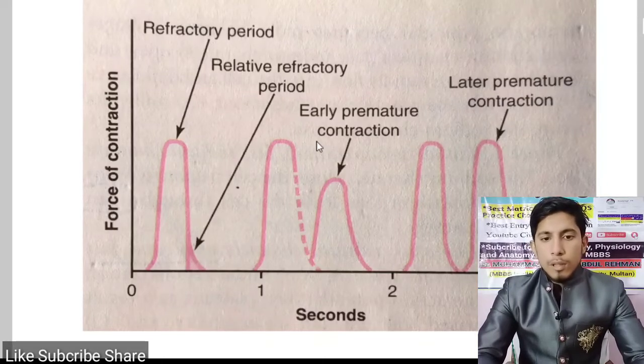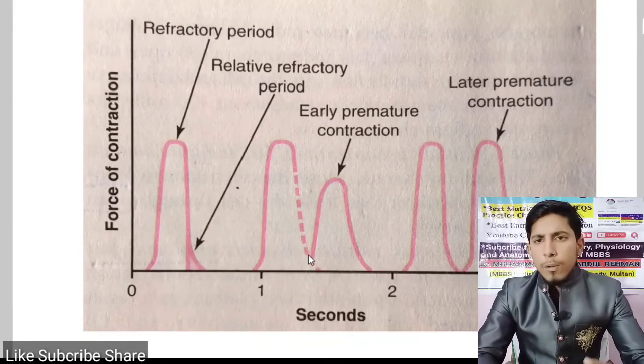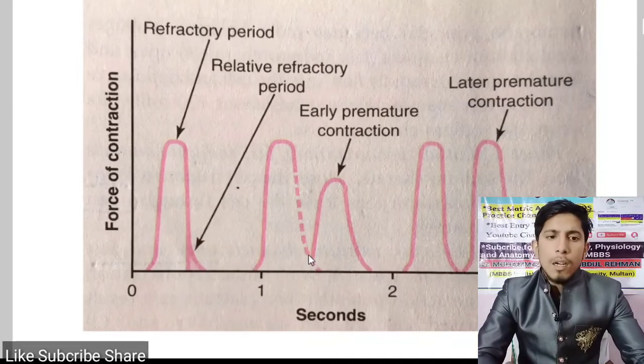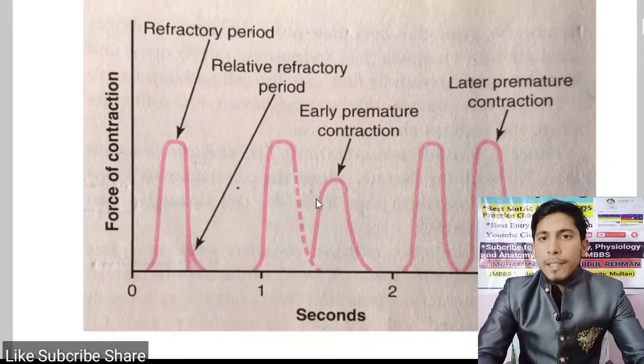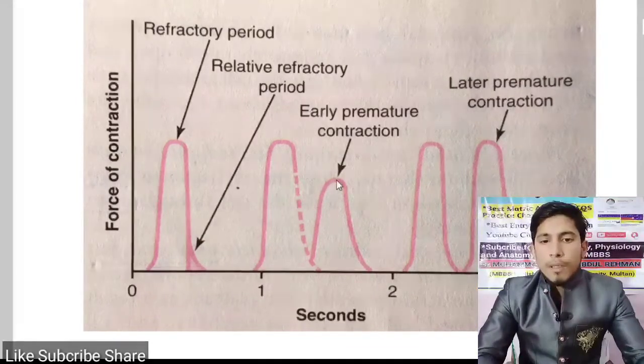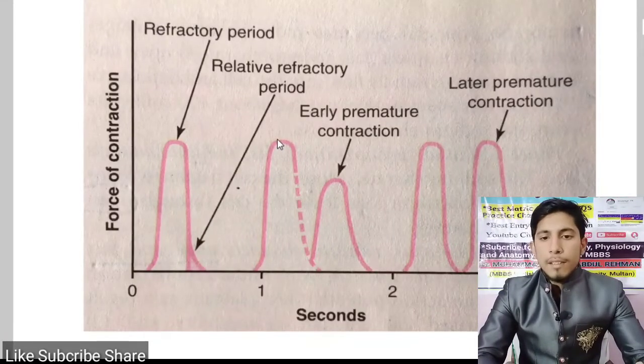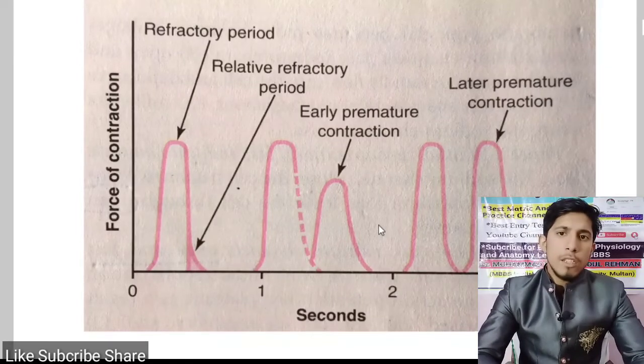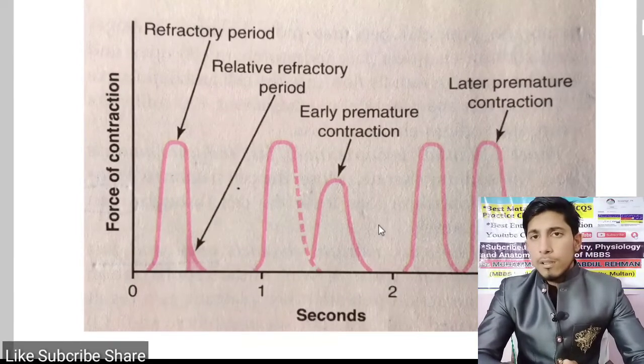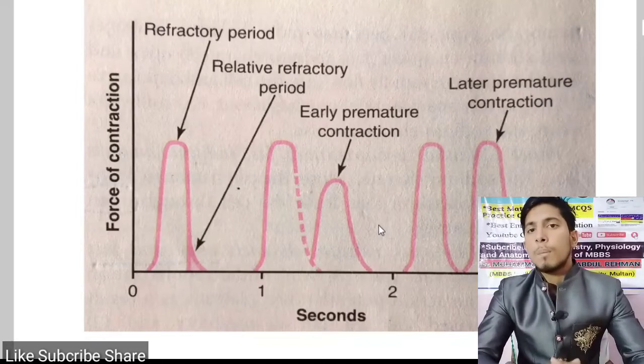If a strong stimulus causes a contraction, the heart muscle recovering from the action potential will contract, but the force of contraction will be very low as compared to normal. So this is the reason for early premature contraction, and later premature contraction depends at what stage or condition of the cardiac muscle cell you provide the stimulus.